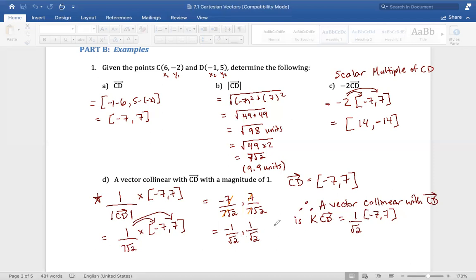Because I'd have the -7 and the work that I've already done here. So I would have an answer of positive and negative 1 over square root of 2, and that's only plugging in the positive value. Then I can also plug in the negative value as well, but I can choose to just do 1.